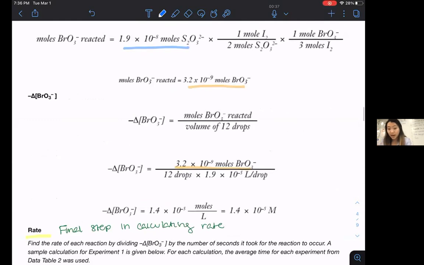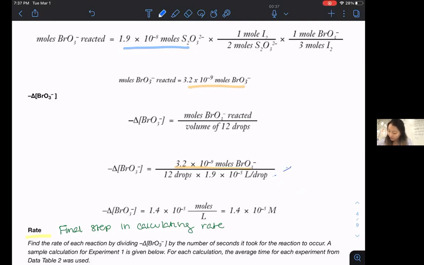Once you get your bromate ion moles, then you use the volume drops using the volume earlier that you found. This was found earlier, step 1, or I should say calculation 1. Then you use this calculation. Oh, gee willikers, that was the wrong section. Right here.